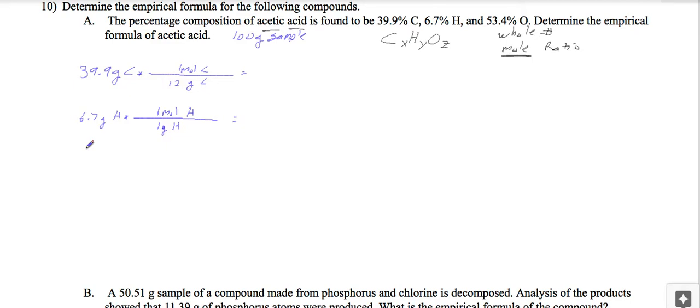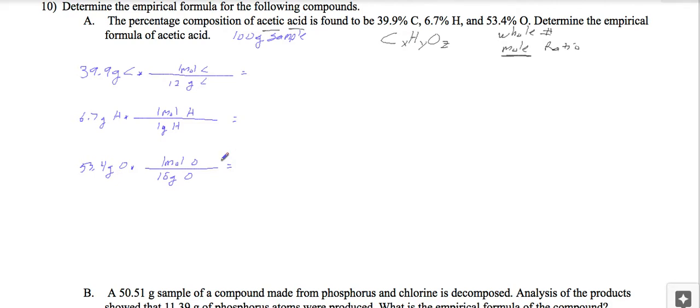All right, now we have oxygen, which is 53.4 grams of oxygen. We have 16 grams of oxygen is 1 mole oxygen. Do the math for each of those.